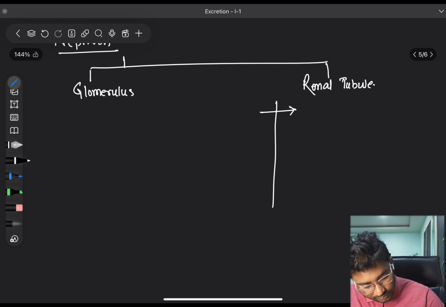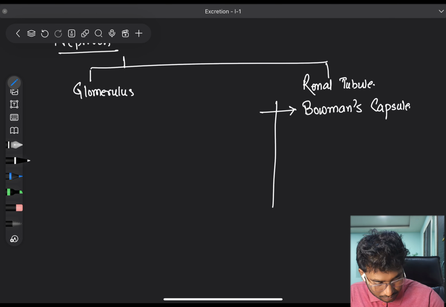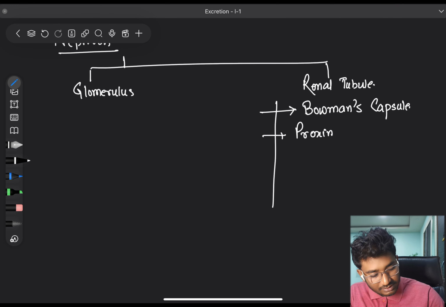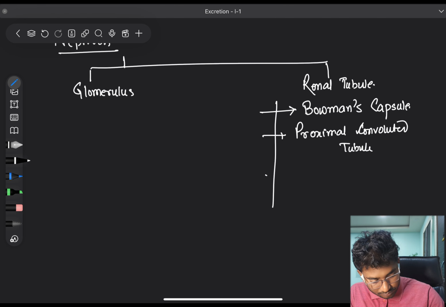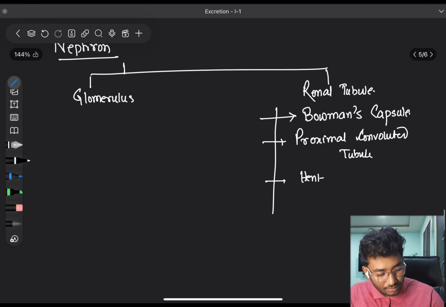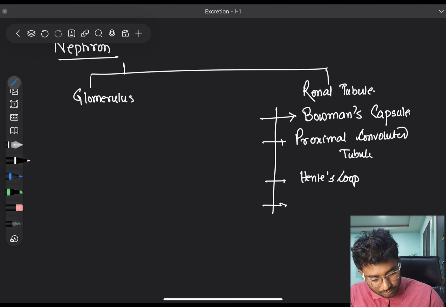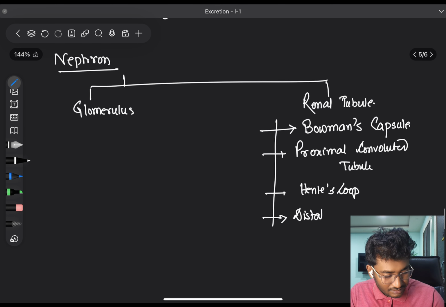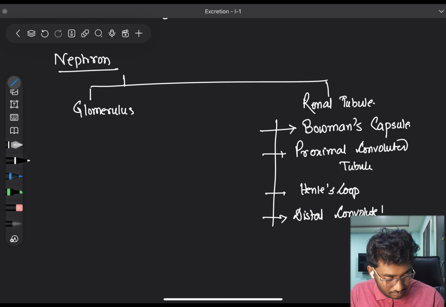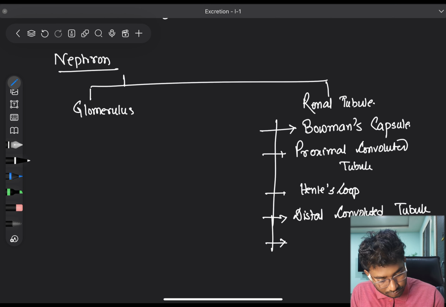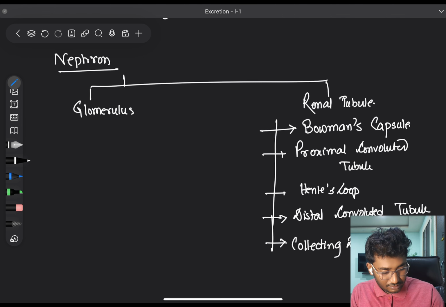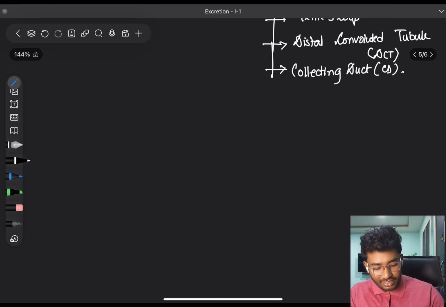The renal tubule consists of some more parts: the Bowman's capsule, the proximal convoluted tubule, the Henle's loop, the distal convoluted tubule, DCT, and the collecting duct, CD.